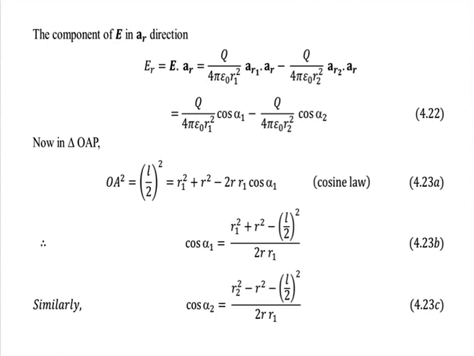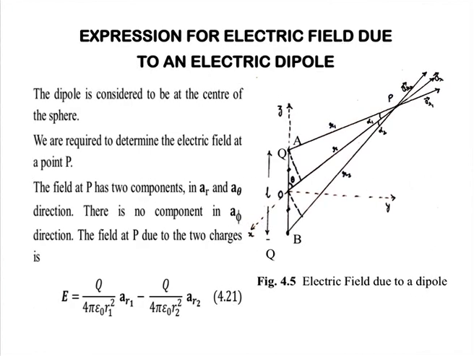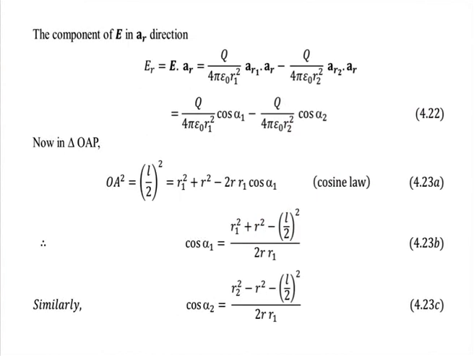Now, in 4.22 we have to determine the expression for cos alpha 1 and cos alpha 2. For that, we resort back to figure 4.5, where using triangle OAP, OA square, which is L by 2 square, is equal to R1 square plus R square minus 2R R1 cos alpha 1, which is given in equation 4.23a.